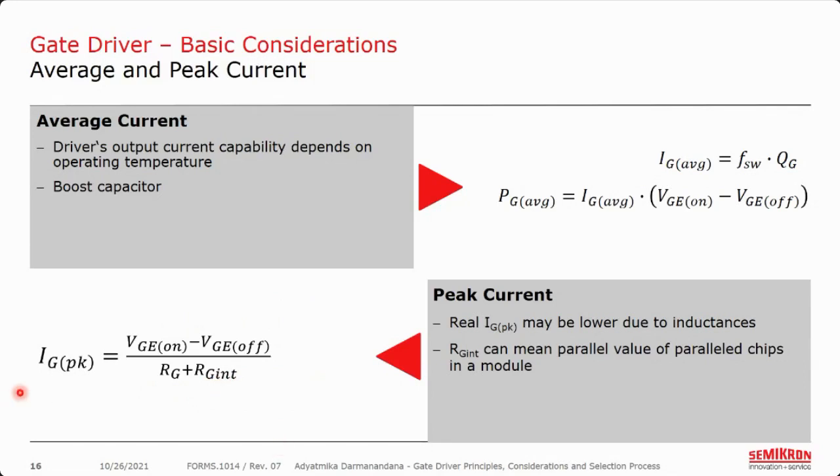RG is the external gate resistor in the circuit, and RG-in is the internal resistor of the module. By the way, the RG-in can mean the parallel value of parallel chips in a module. And in practice, the stray inductance reduces the peak value below the theoretical peak current that is calculated in this formula.